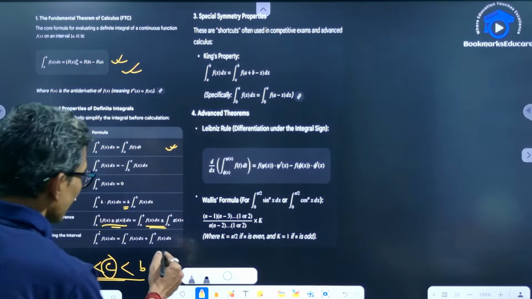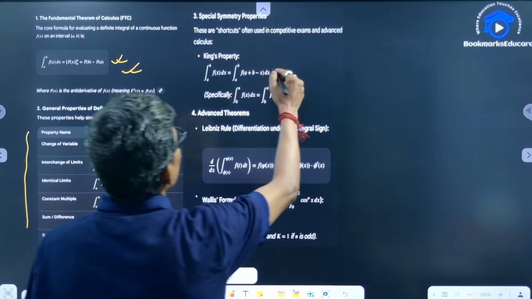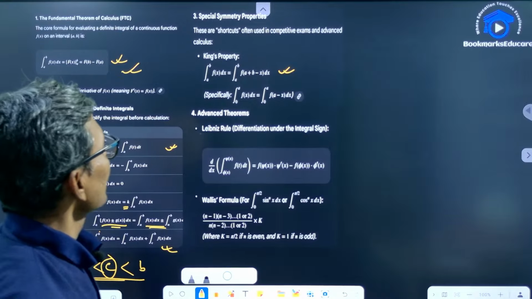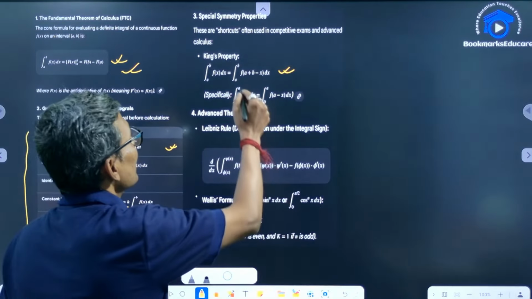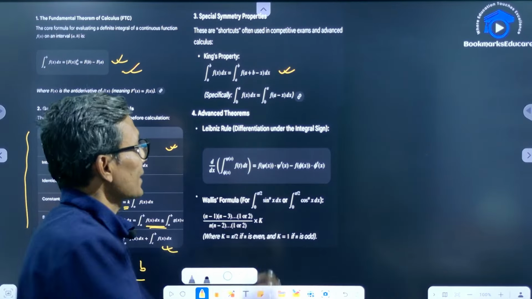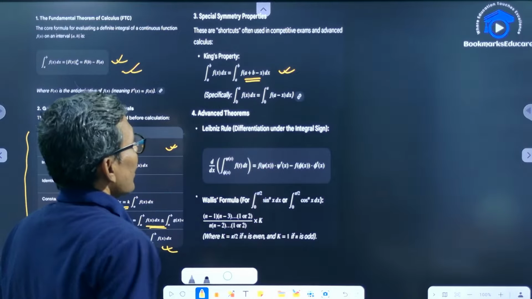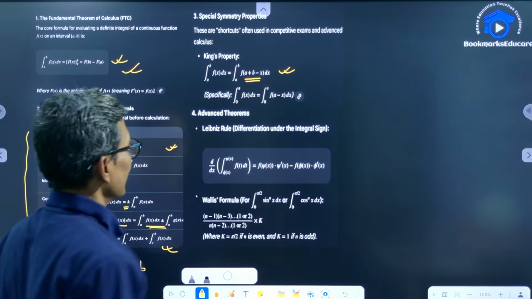Okay, so now King's property: the integral from a to b of f of x dx equals the integral from a to b of f of upper limit plus lower limit minus x dx. You can replace x by a plus b minus x.